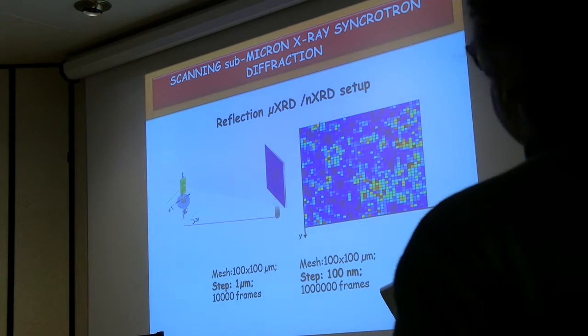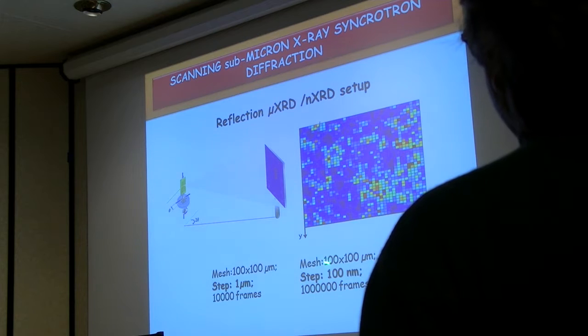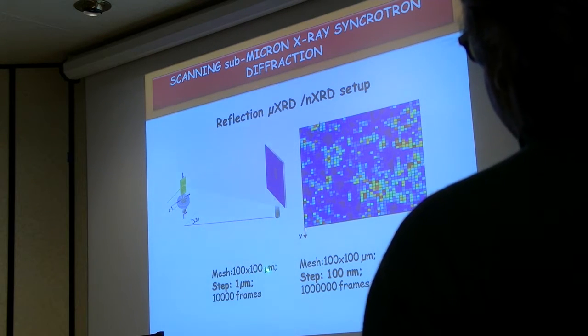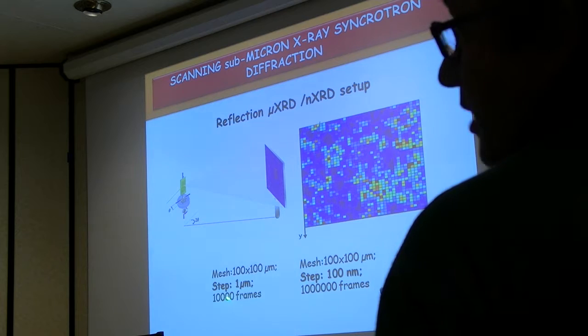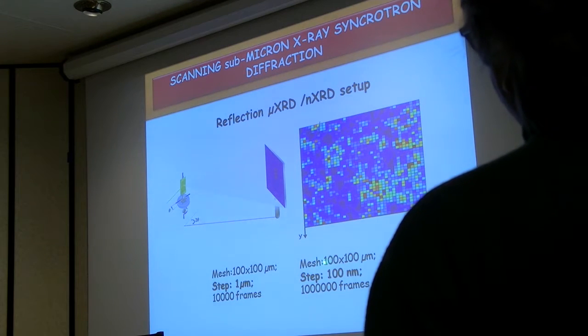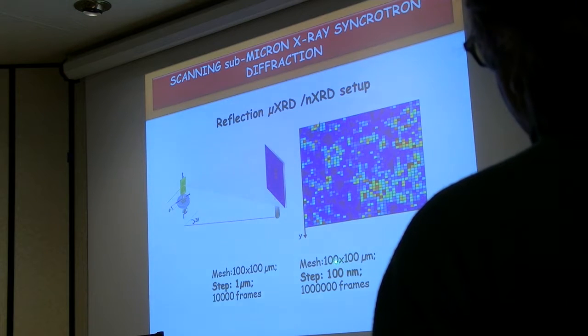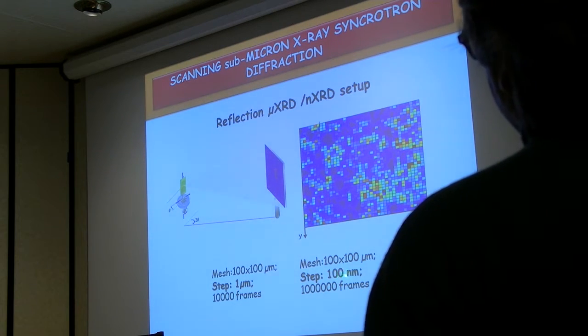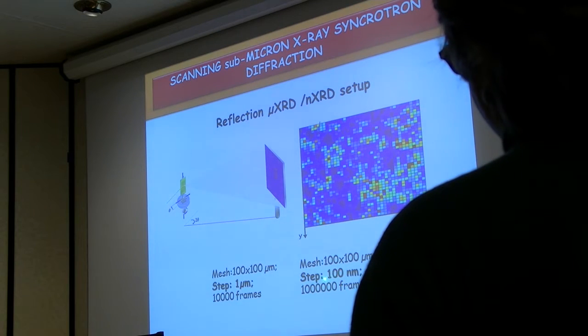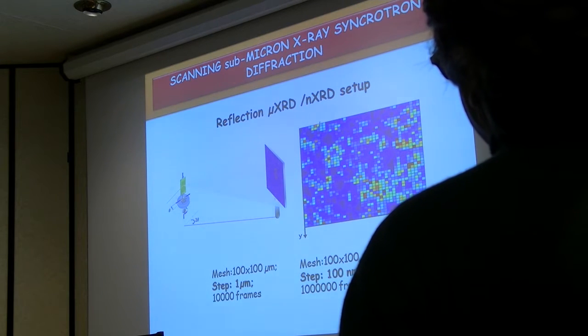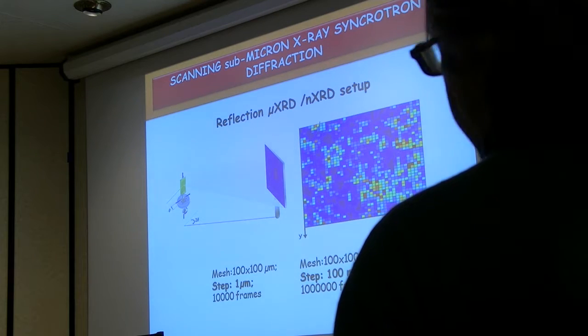in the real space. So I would like to mention that, for example, a mesh of 100 by 100 microns with a step of 1 micron gives us 10,000 frames. And if we measure the same mesh, 100 by 100 microns, with a step of 100 nanometers, we get 1 million frames.